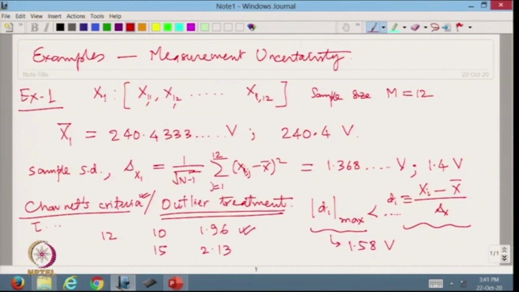If we take the more stringent criterion, the sample size 10 criterion, we are still within that: 1.58 is less than 1.96 and obviously less than 2.13. So, it tells us that all our readings are statistically expected. So, nothing needs to be rejected. So, this is no rejection.